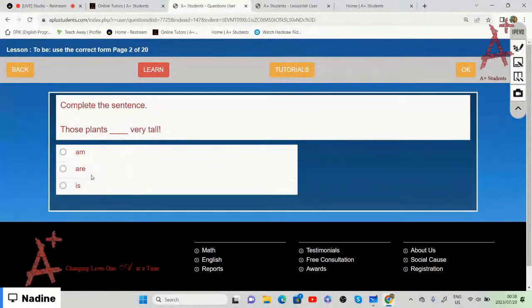Those plants, do we say those plants am very tall? Those plants are very tall? Or those plants is very tall?